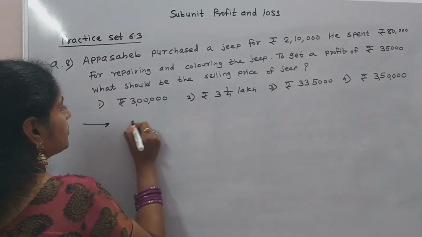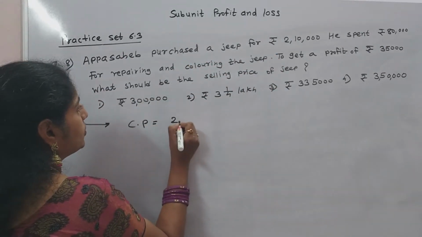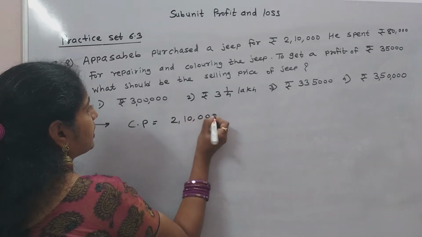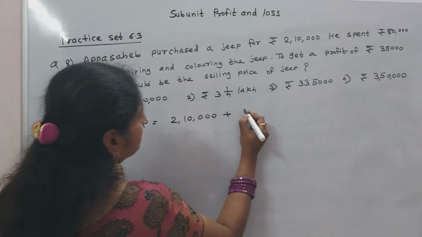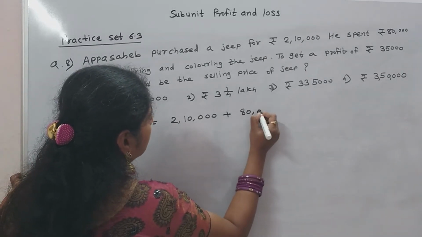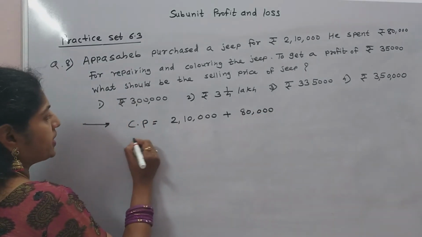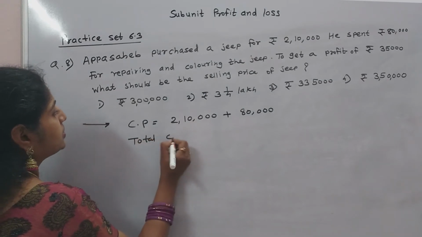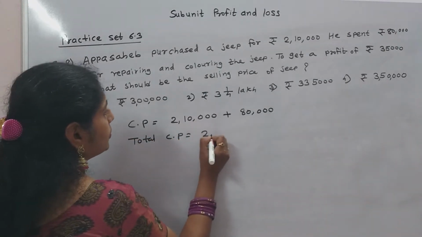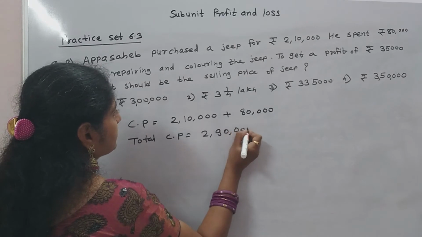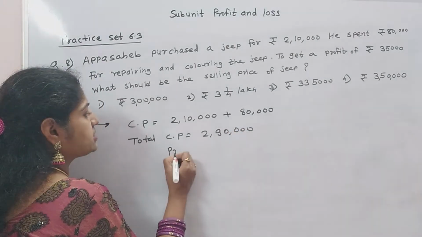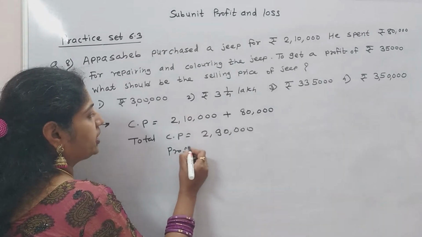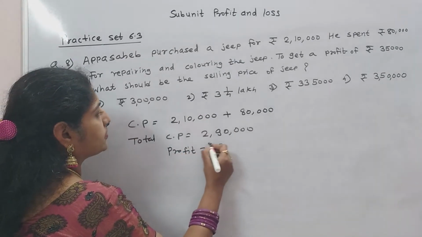The cost price of the jeep equal to 2,10,000. Also, he spent some rupees for repairing and coloring the jeep, that is 80,000. So total cost price equal to 2,90,000 rupees. And there is a profit in this transaction. Profit equal to 35,000.